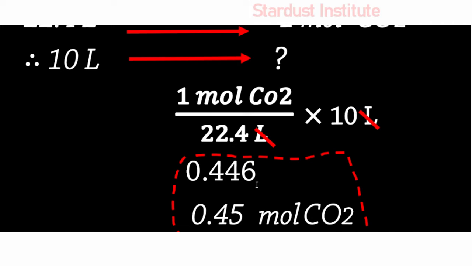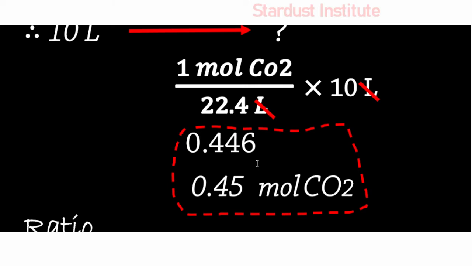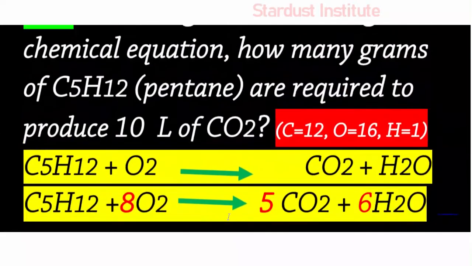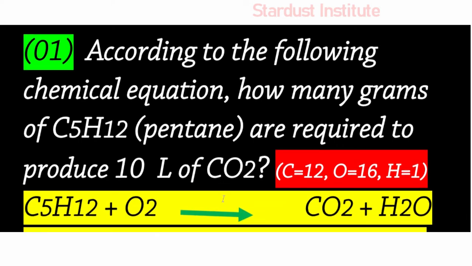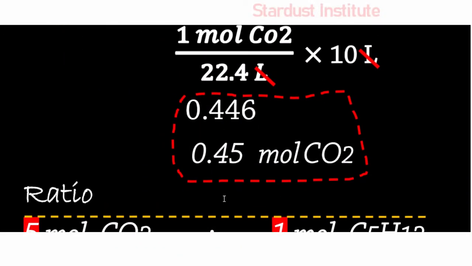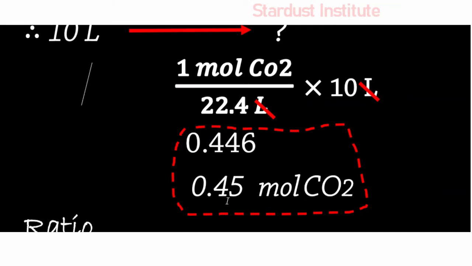I use my calculator. We can take this to 2 decimal places if we want, then this 4 becomes 5. This 10 liters of carbon dioxide means 0.45 moles of carbon dioxide.